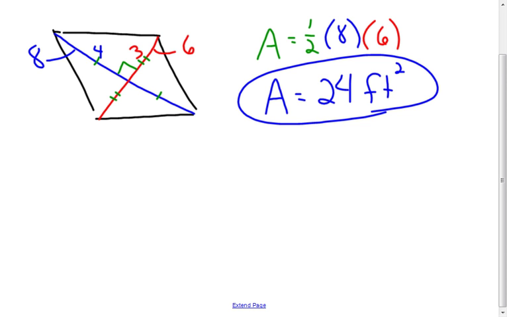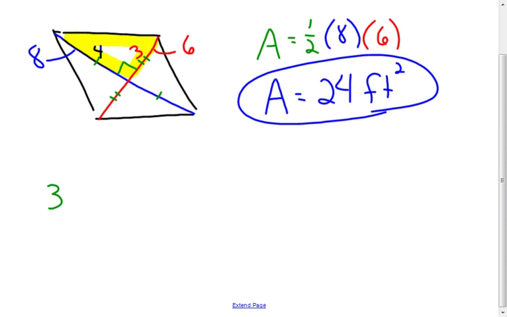Now I have a right triangle. And I'll show you that right triangle right here. The right triangle, I know 2 sides of it. I can find the 3rd side using the Pythagorean theorem. I'm going to do a squared plus b squared equal to c squared.